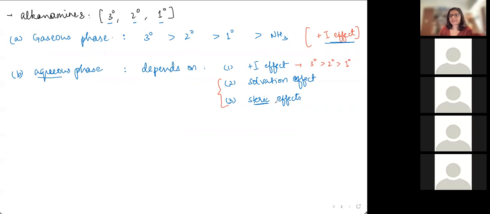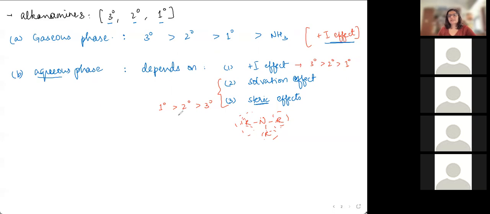Steric effects make sense, depending on how crowded the structure is. More R groups, as in tertiary, means more steric hindrance, because R is not a single atom but something like CH3 or C2H5, which surrounds the whole thing. So getting to the lone pair of electrons gets more difficult. Because of steric effects, it will be the opposite order, right?